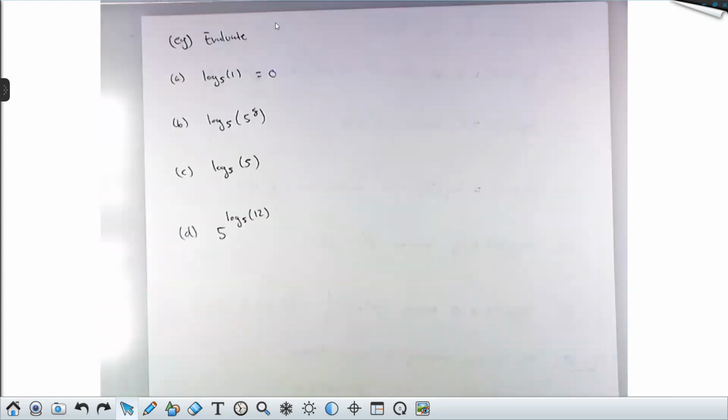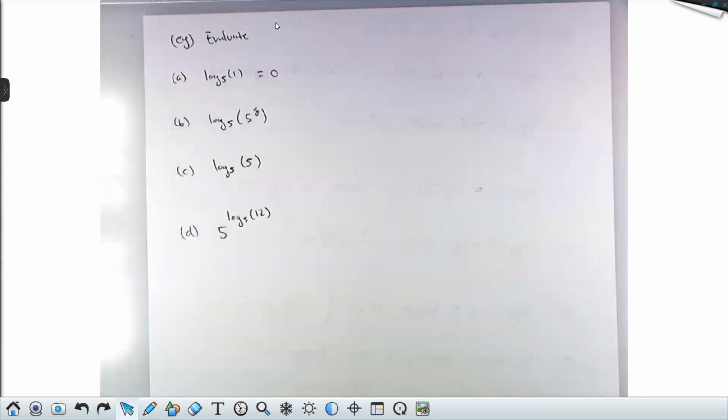So each of these again are numbers. What is the base 5 logarithm of 1? 0. Yeah, this is 0, right? This is because the logarithm of 1 for any base is always going to be 0.